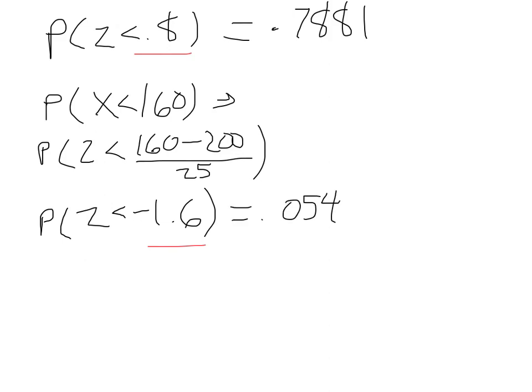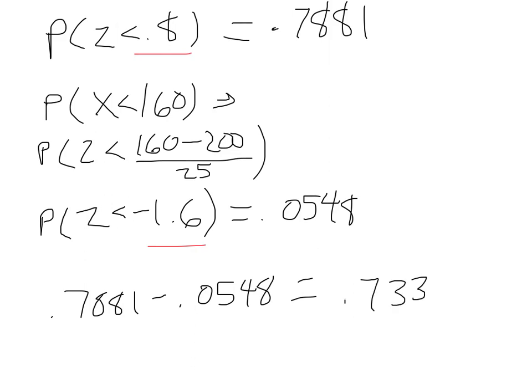And so the answer to your question is just the difference of those two. So you'd have 0.7881 minus 0.0548, which will give you 0.7333. Okay. And we put a box around it.